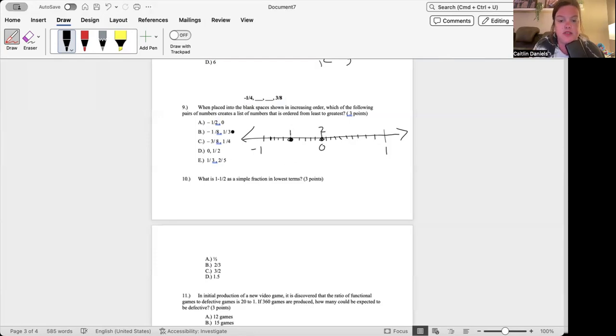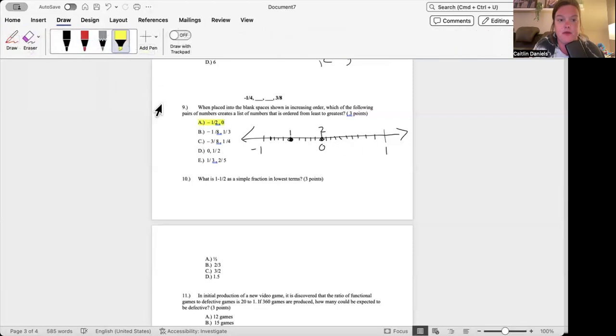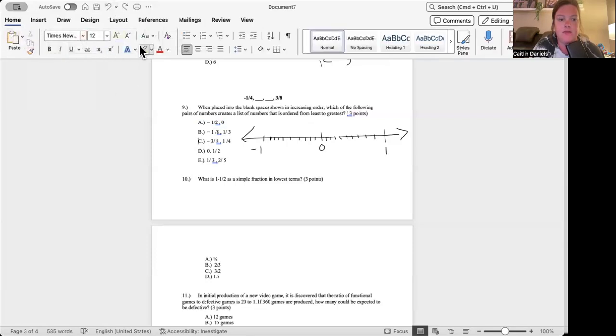So is that from least to greatest? Yes, it would be. But just to confirm, let's make sure that all of them are not least to greatest. So we know that A is least to greatest.